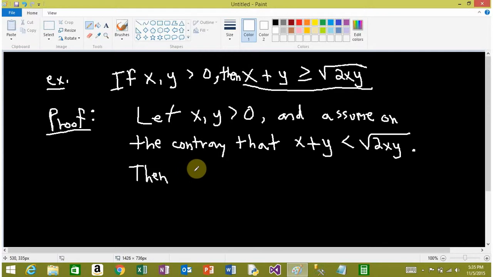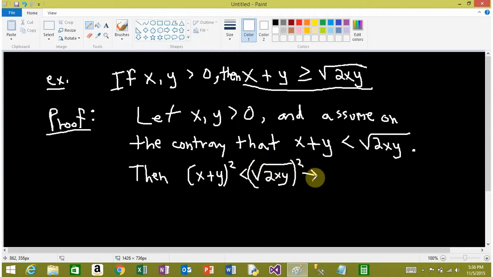So how do we do that? What we're going to do is square both sides of this inequality. So we'll have then x plus y, squared, is less than the square root of 2xy, all of that squared.